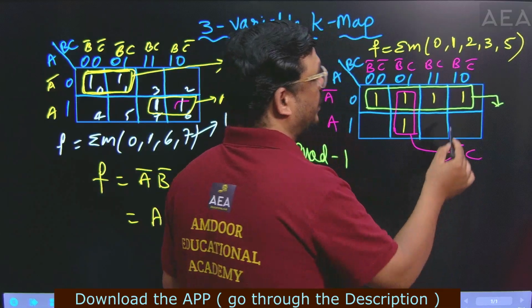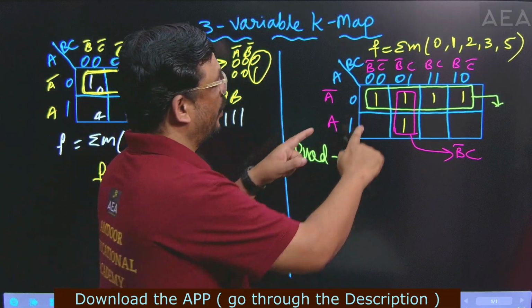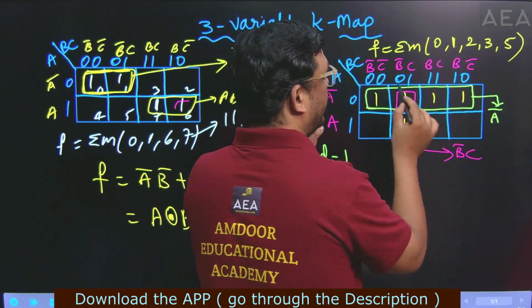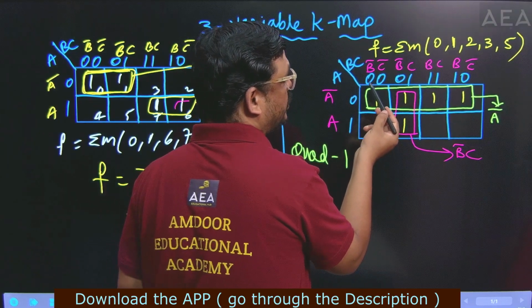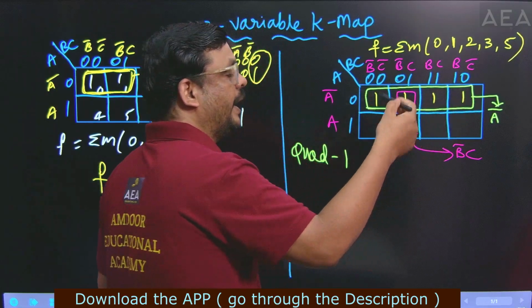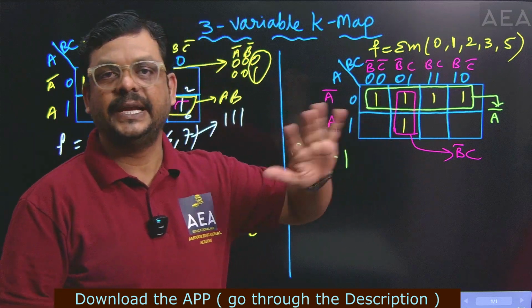This quad covers 1 row, 4 columns. The 1 row equation is 0, so A bar. And for the 4 columns, just observe the binary values of the 4 column positions: 0 0, 0 1, 1 1, 1 0. So every bit is changing. That's why we have to remove the B and C variables.